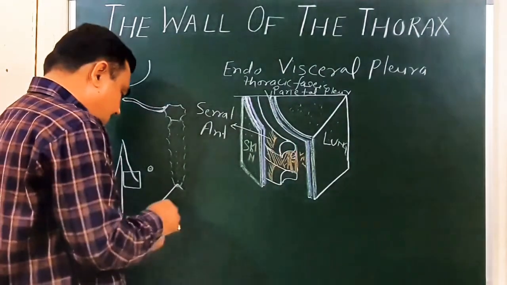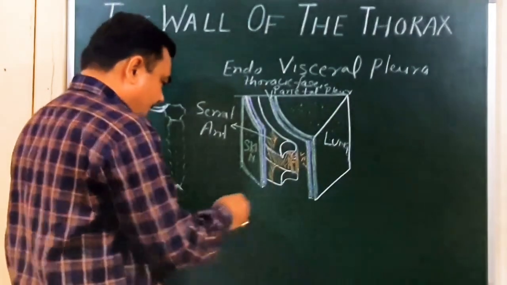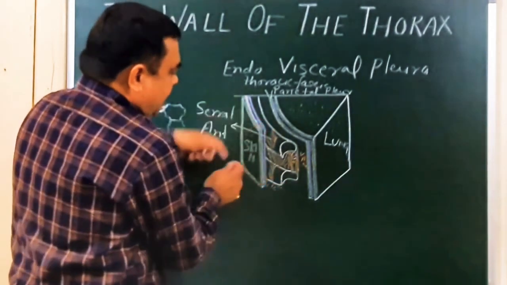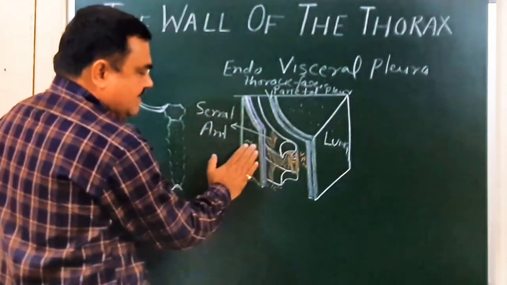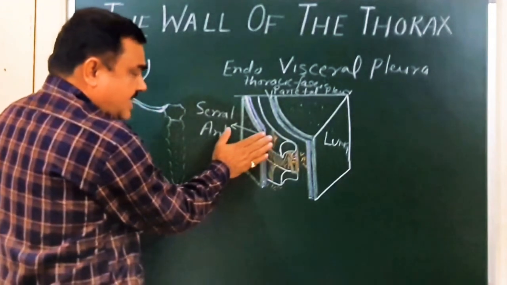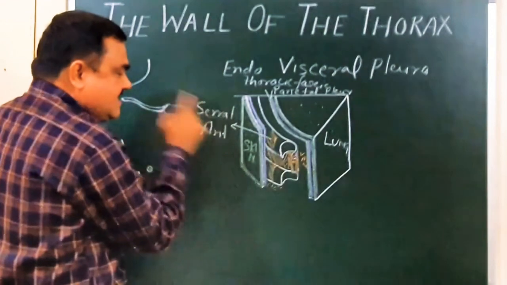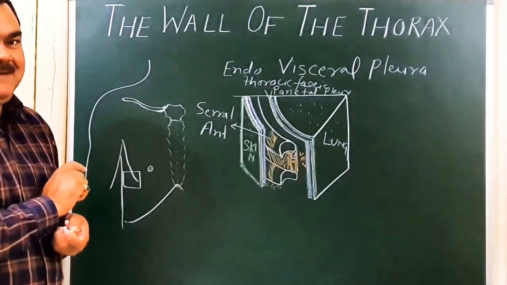So here you can see the arrangement: skin, superficial fascia, deep fascia, then extrinsic muscle. This serratus anterior is an extrinsic muscle of the thoracic region.